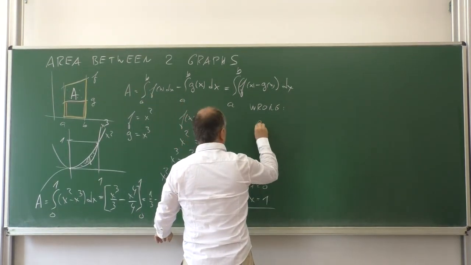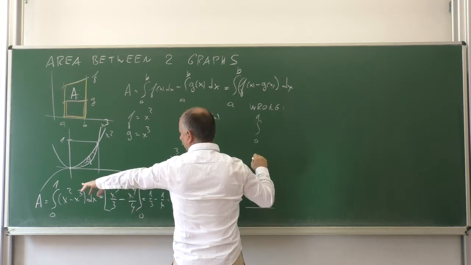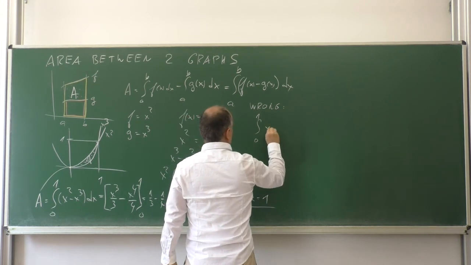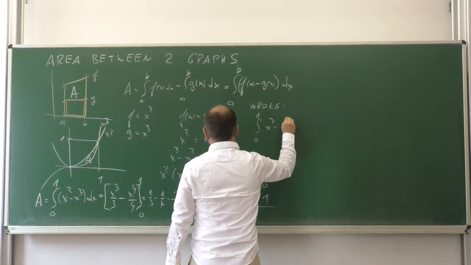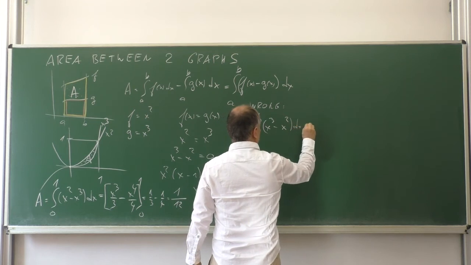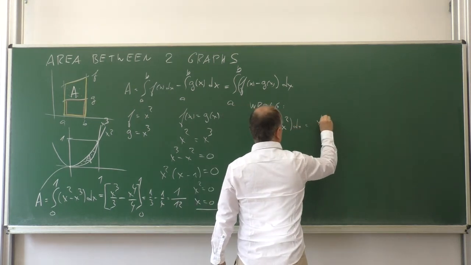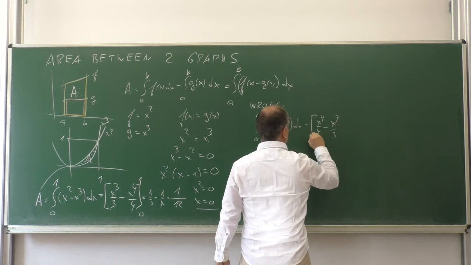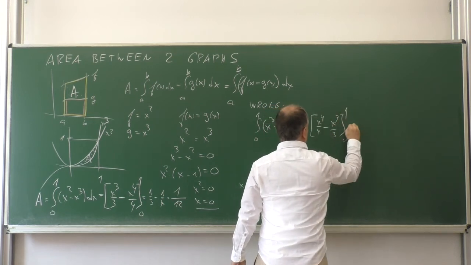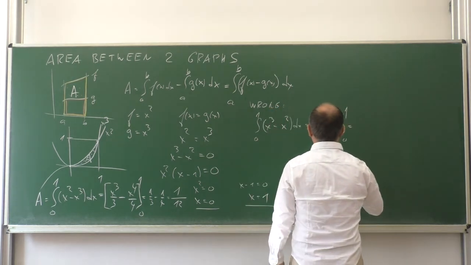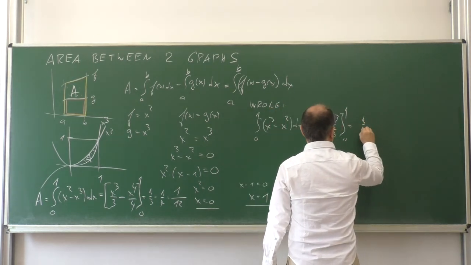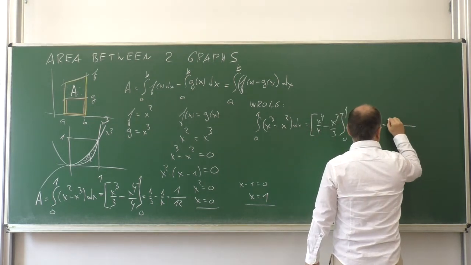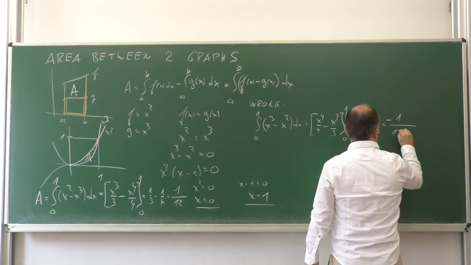If we write integral from 0 to 1, and if we write the bad order x cubed minus x squared, then we have x to the 4 divided by 4, x cubed over 3 from 0 to 1, and then we have 1/4 minus 1/3, which is now minus 1/12.